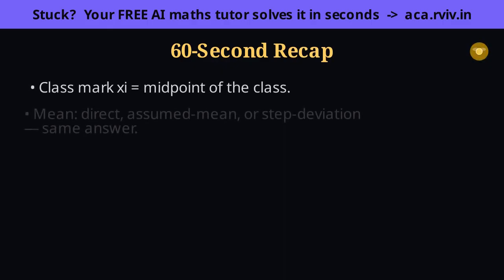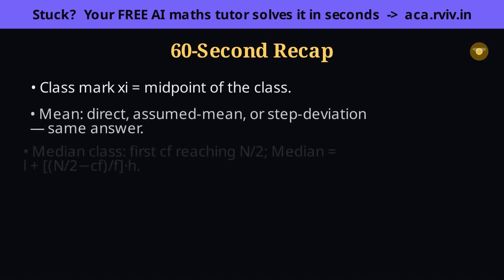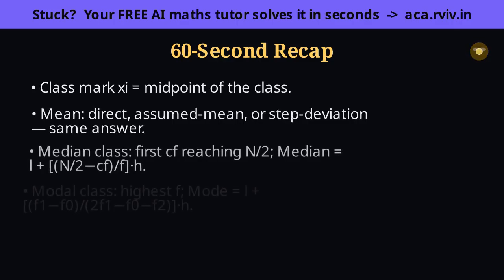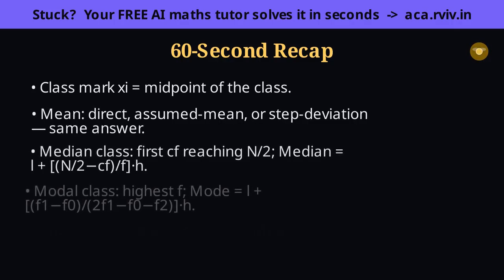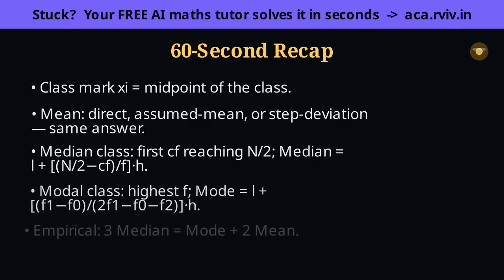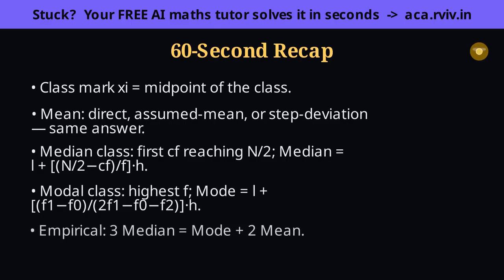The median class is where the cumulative frequency first reaches n/2, the ogive gives the halfway crossing, and the formula walks a fraction into it. The mode uses the class with the highest frequency, leaning toward its taller neighbor. Tie all 3 together with 3 median equals mode plus 2 mean, and you're exam ready.